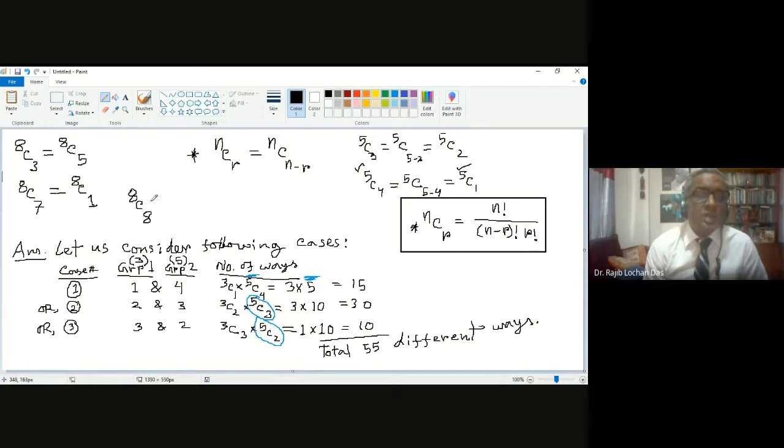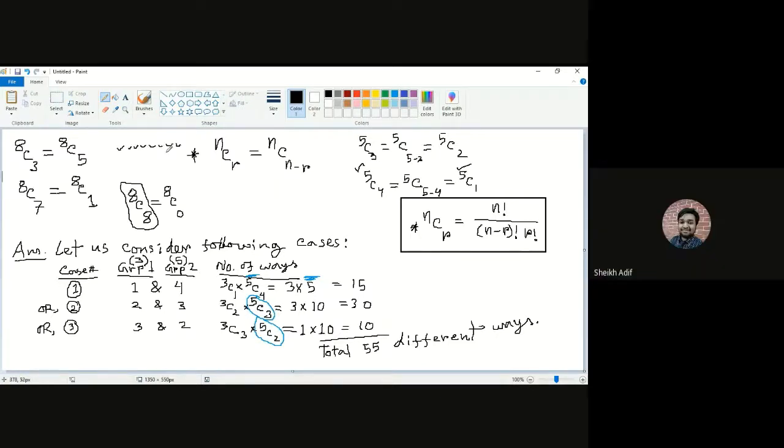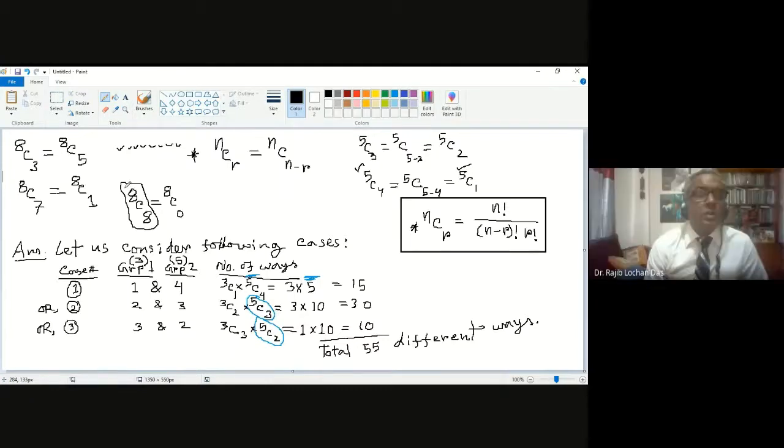Okay. So in the same way, you can also think 8C8. 8C8 means what? 8C0. So what is 8C8? 8C8 means there are 8 things and you are taking all together. So, sir, one combination possible, because you are taking all together as a group. So this is 1. And 8C0 is also 1. So 8C0, 8C8 is 1.